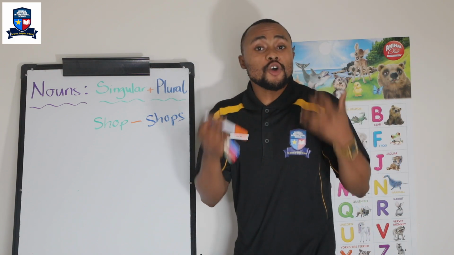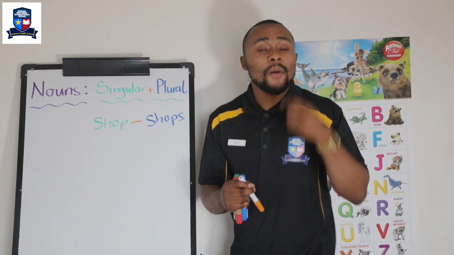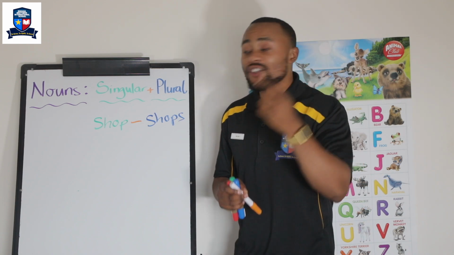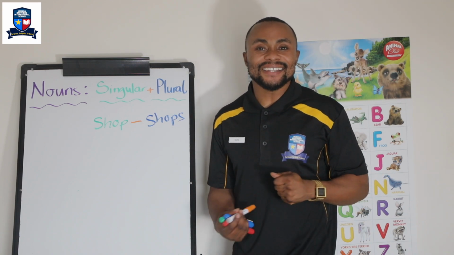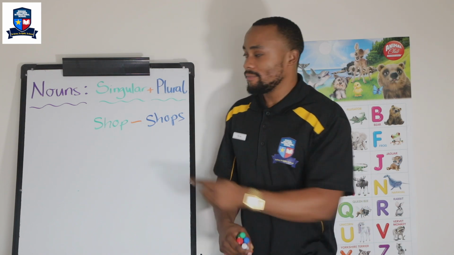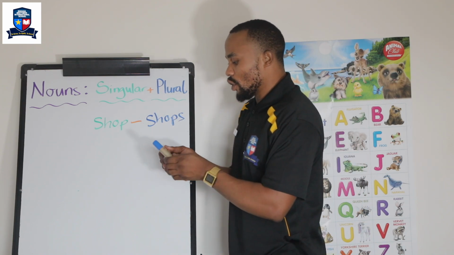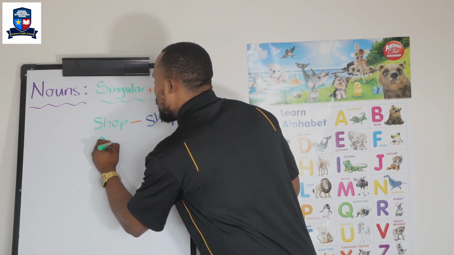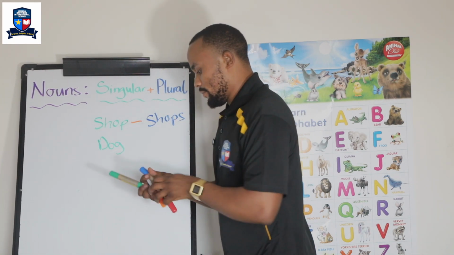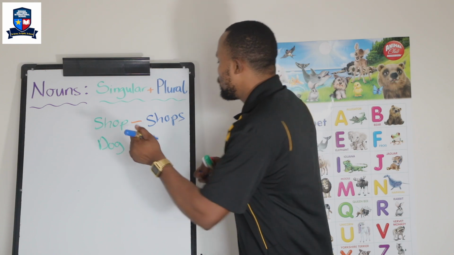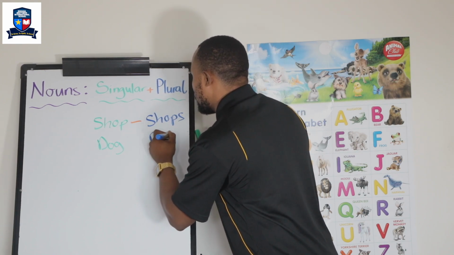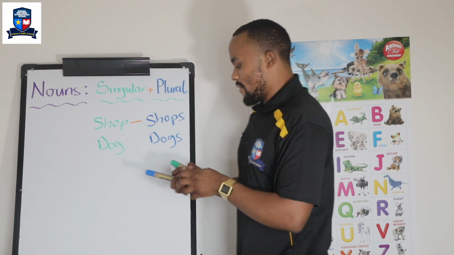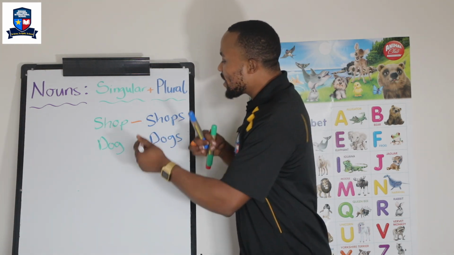But if we want to show that there are many or more than one dog, we just need to add S at the end and it becomes dogs. Plural form, dogs. So from dog to dogs. Very, very good. Now let's look at another example.